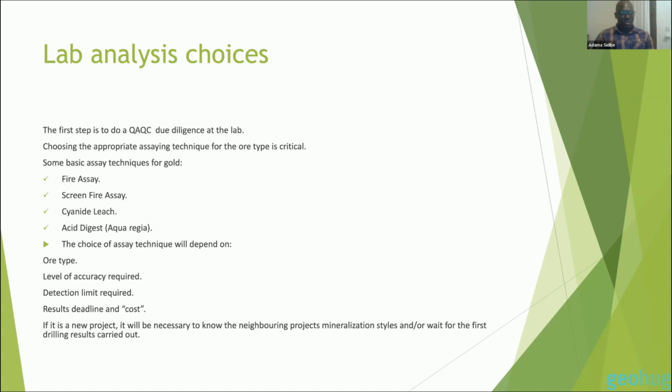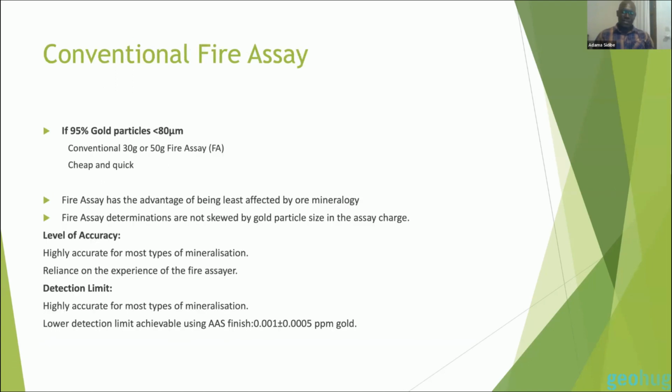This test will define the future method of sampling and lab analysis. And the keyword here is the metallurgical test to determine the size of gold particle. And after that, we will choose the lab analysis method.